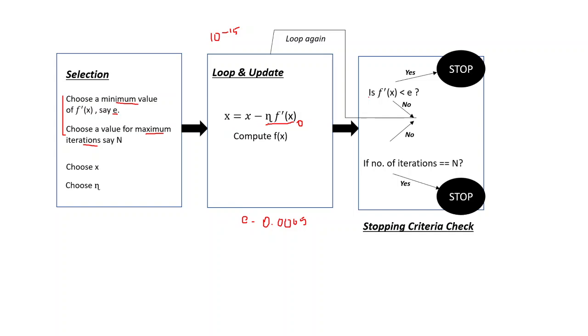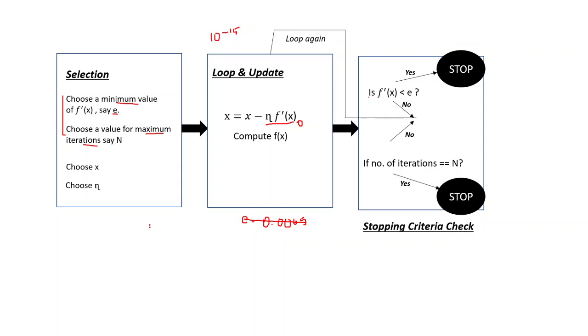Since this is almost equivalent to 0, if you don't keep this as a stopping criterion, it is going to loop forever, because your f x value is not going to decrease, and you are just looping it for infinity.